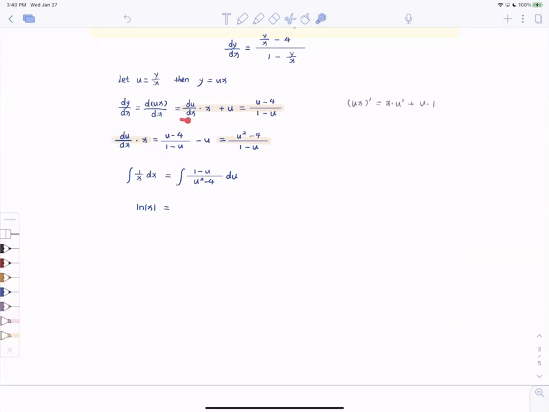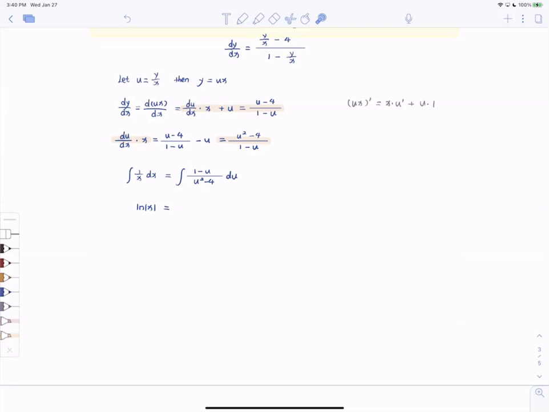So that's how we got this. And how we got this is you substitute this back into the ODE. We have u minus 2 times u plus 2.